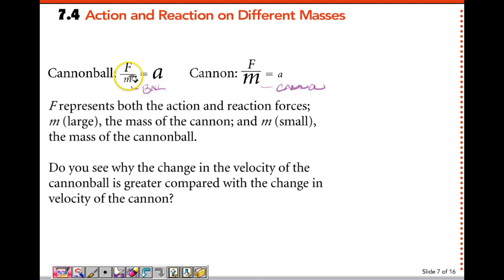So what we see is when we take a force and divide it by a very small number, we get a bigger acceleration. Versus over here with the cannon, if I take that same force and divide it by a much larger mass, I get a smaller number, a smaller acceleration. And so we can see why the change in the velocity of the cannonball is greater. Again, this is actually an application of Newton's second law, force equals mass times acceleration.